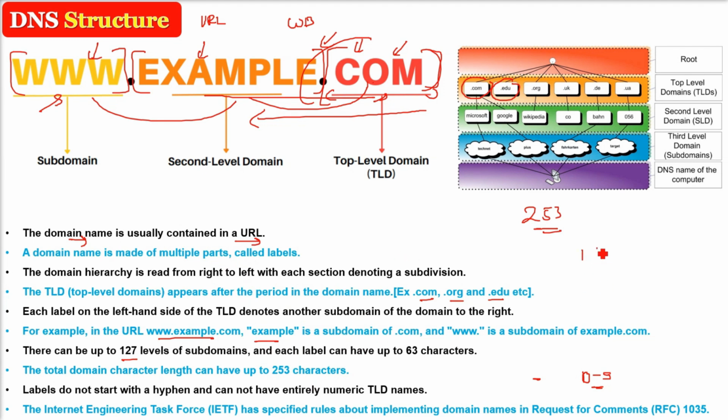The IETF, the Internet Engineering Task Force, has specified the rules about implementing domain names in RFC 1035. So this whole criteria is used to find out the IP through this domain name. This domain name structure needs to be known in order to get the IP from different servers.